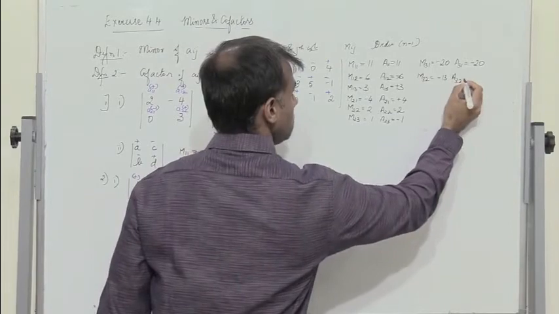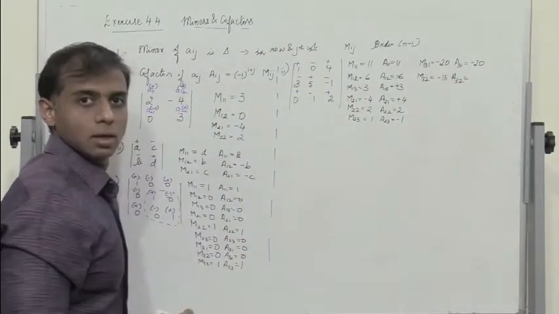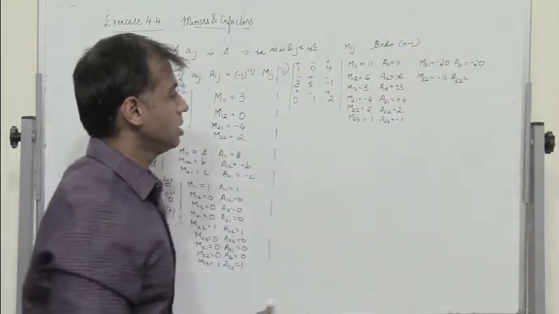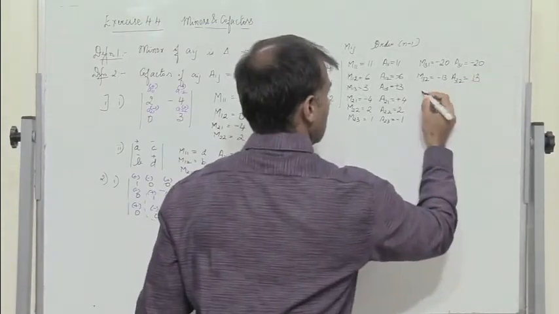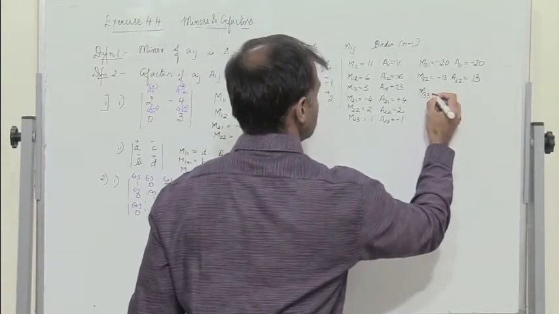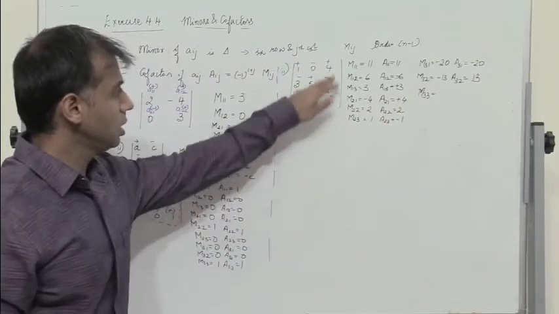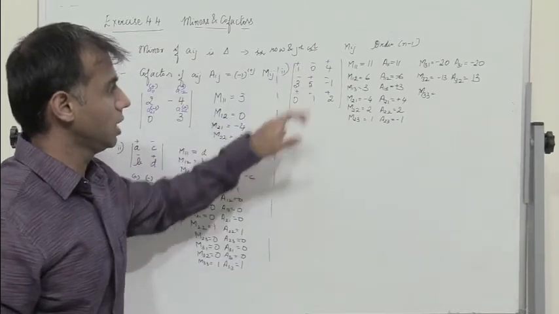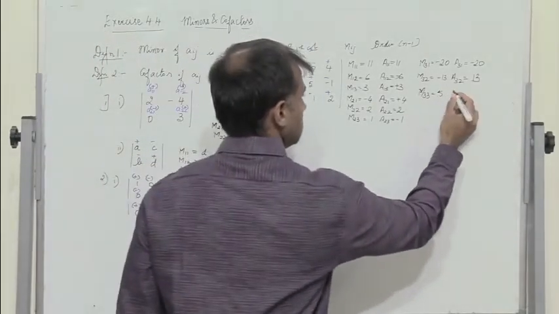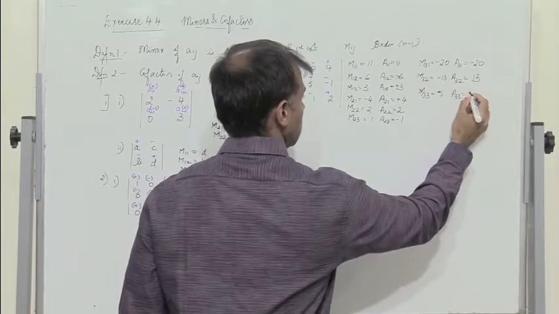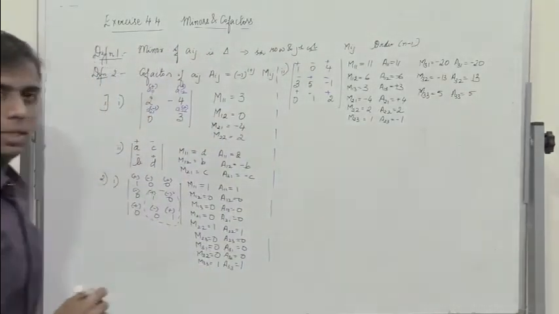Now what about A32? I have a negative sign here. So minus into minus 13 is plus 13. And then M33, leaving the third row and the third column, I get 5 minus 0 is 5. And A33 is plus 5. Right?